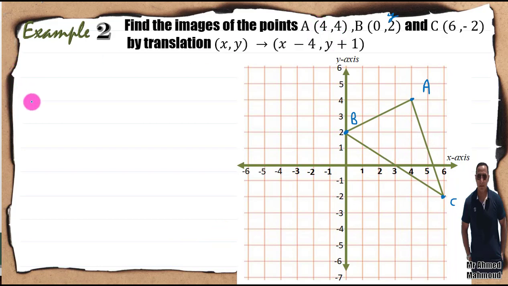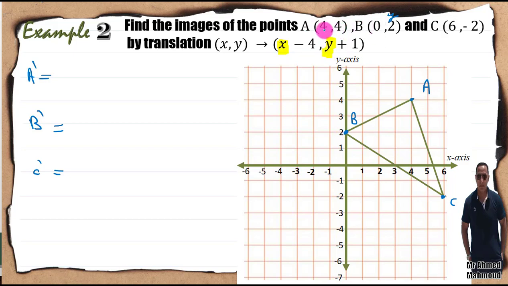Okay, now I'm going to find A dash, B dash, C dash. The translation is x minus 4 and y plus 1. So every x minus 4.